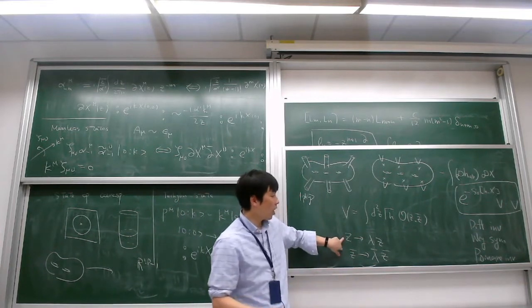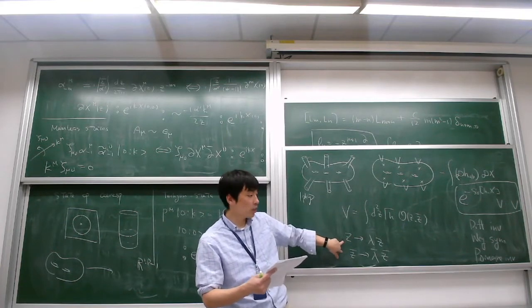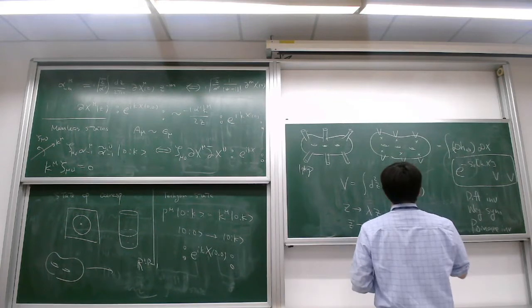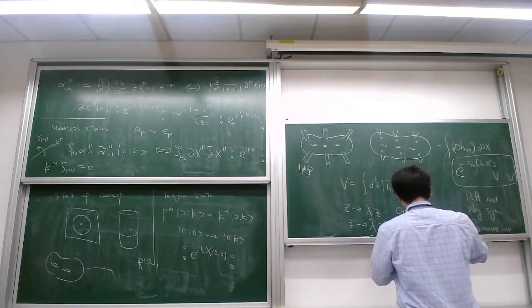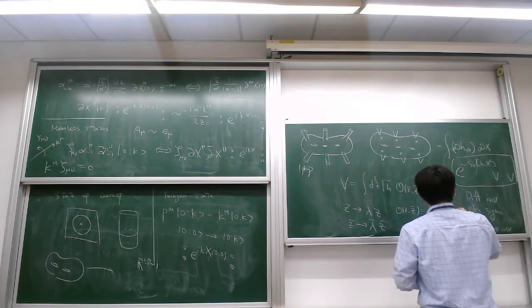We already know in 2D CFT that the operator transforms under the scale transformation by lambda to the minus h, lambda bar to the minus h bar, times the operator.